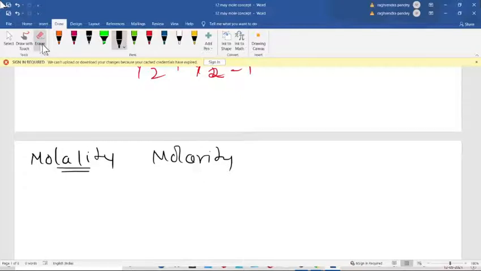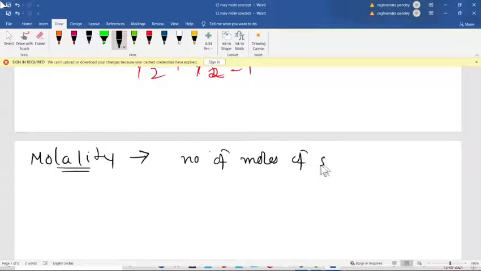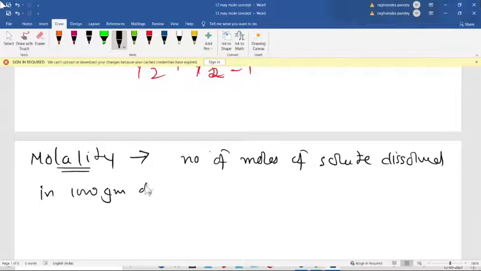A small pronunciation error can create a mistake. The definition is slightly the same: the number of moles of solute dissolved in 1000 gram of solvent.